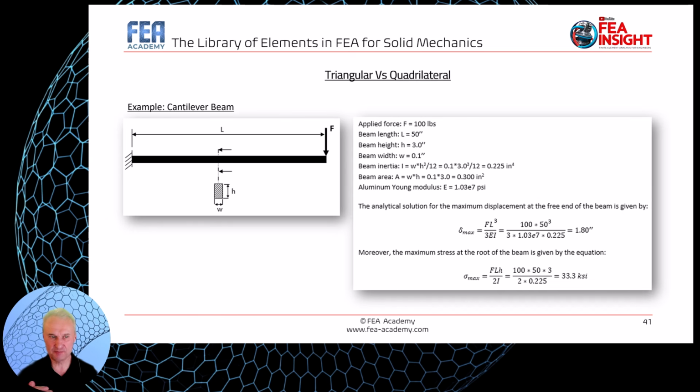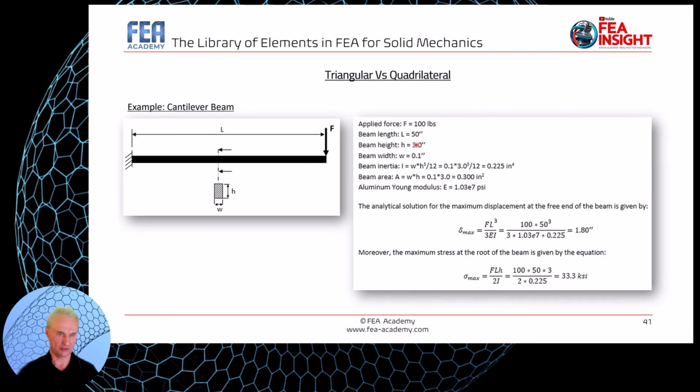With this very basic configuration, it is easy to compute the analytical solution for the maximum displacement at the free end of the beam, as well as the maximum stress at the root of the beam. And it is what you see on the screen.